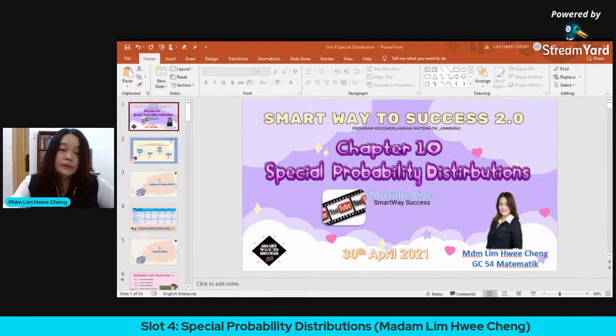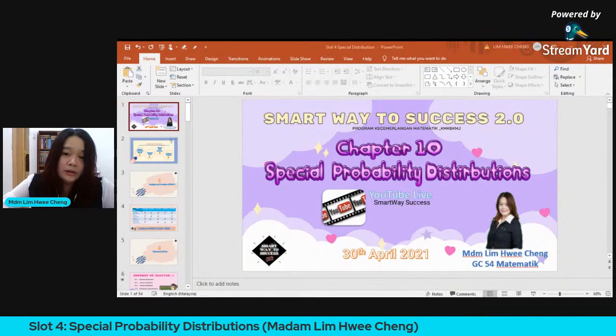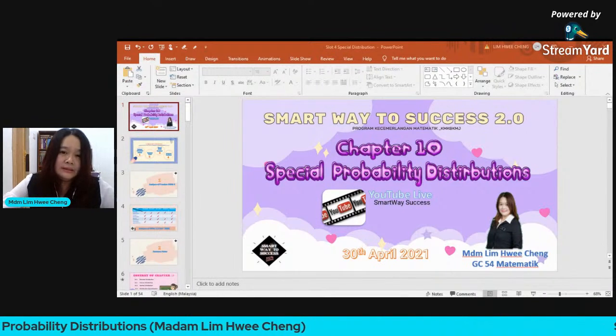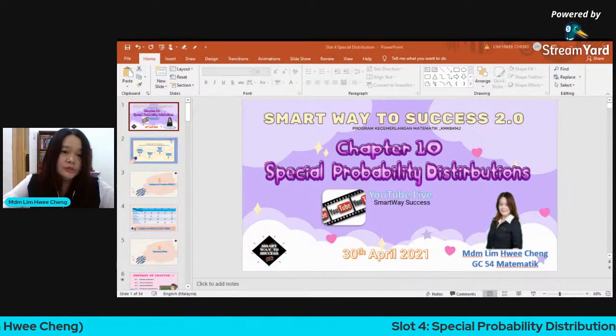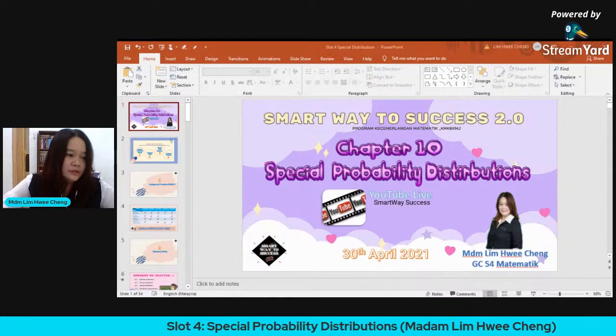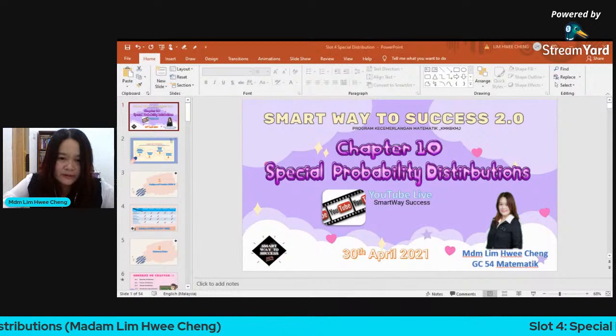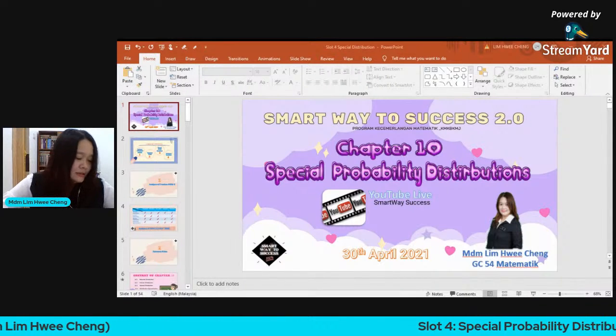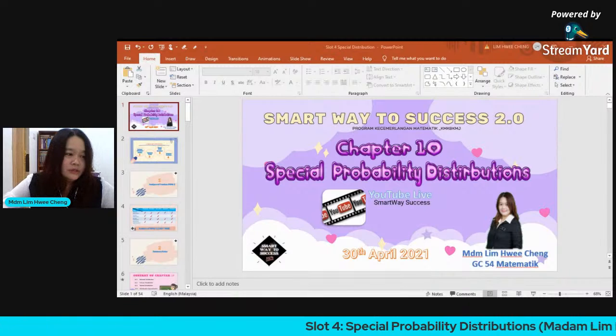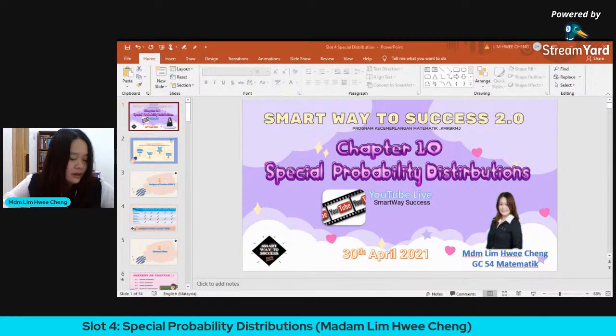According to the analysis, we can see that subtopics like binomial distribution, Poisson distribution, normal distribution, and distribution approximations come out in the final exam. For each year, every one of these 4 parts, they will ask some questions. According to the justification tables for this year, almost 25% of the questions are from this Chapter 10.